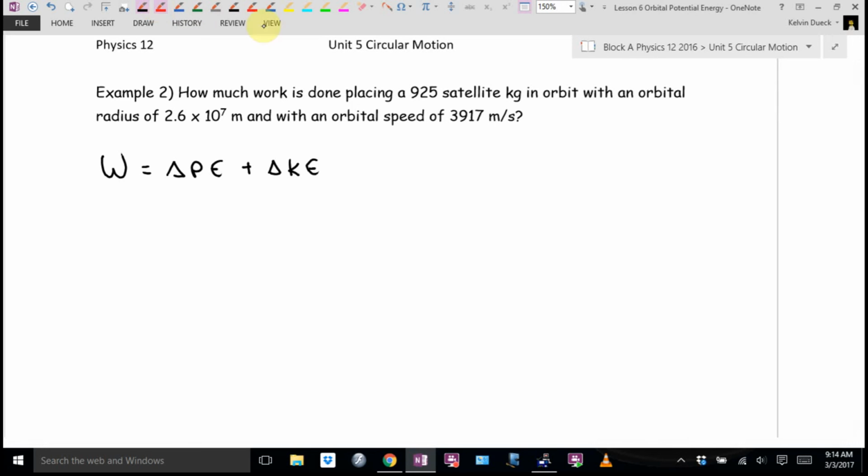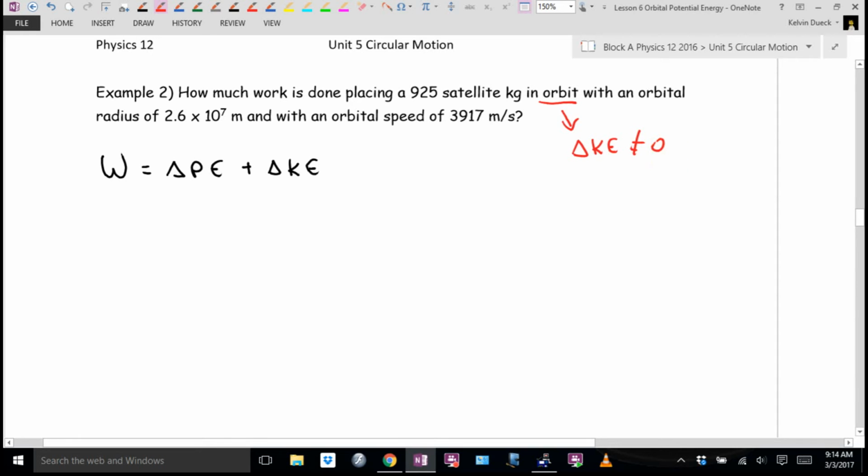Can you all underline the word orbit? What word was underlined in the previous question? Just lift it up. What that really means is this: the change in kinetic energy won't be 0.